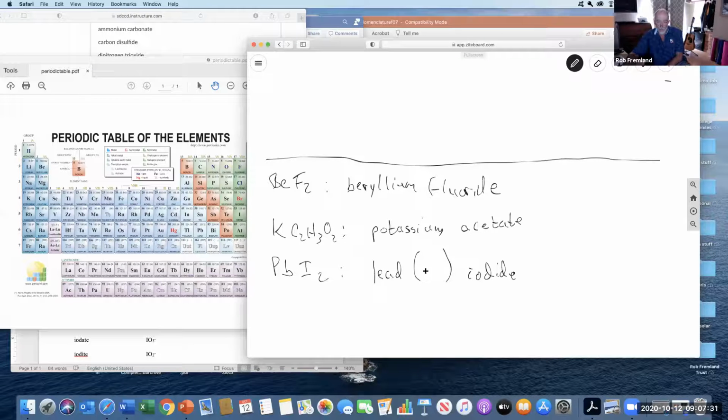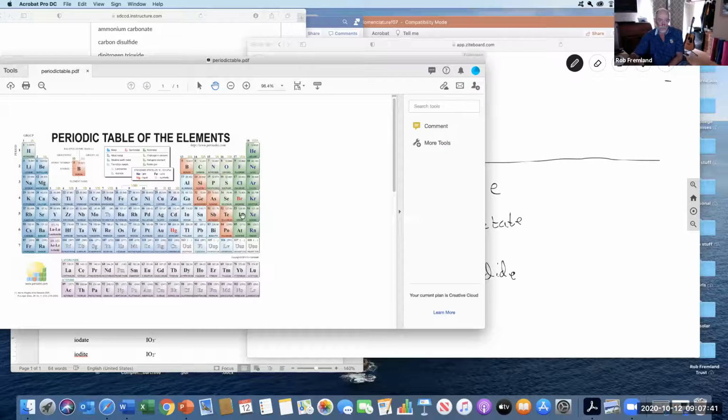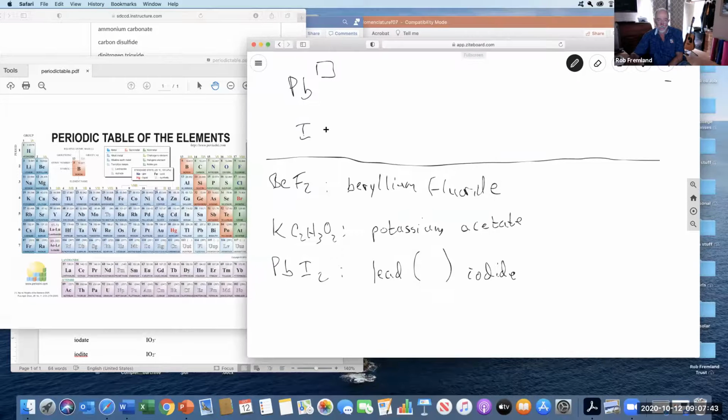Now to figure out the charge here, you can do the same thing we did before. I'm going to do it up here. We don't know the charge. Iodine, however, we know from the periodic table right here is a -1. We know from the formula that there's 2 iodines. That means there's 2 negative charges. We know from the formula that there's 1 lead, because there's no number written there.